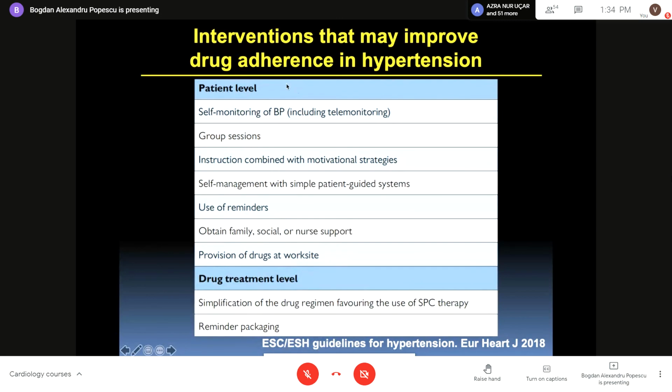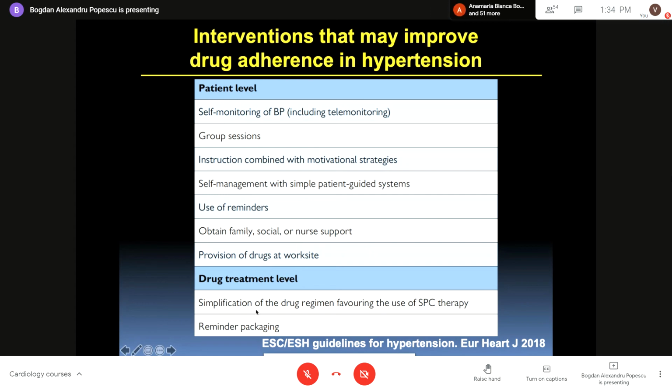So at the patient level, sometimes group sessions, they may talk to other friends, motivational strategies, reminders. Now there are all these smartphones that may be used to remind them not to miss pills. This is the time you should take your pill. Sometimes you forget, you're busy. Family support, drugs at the work site, all of them.